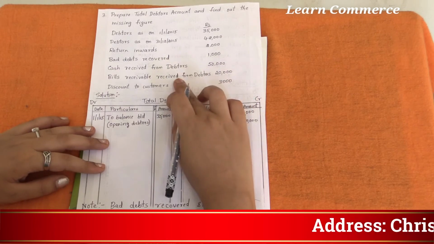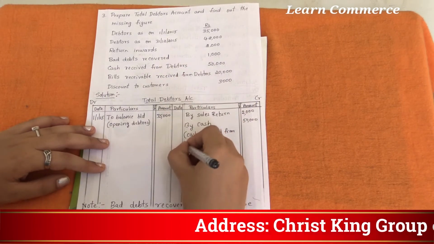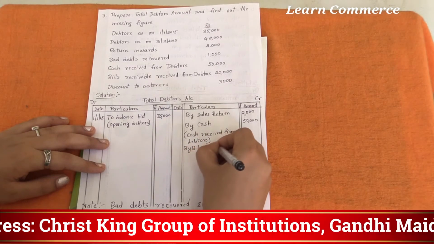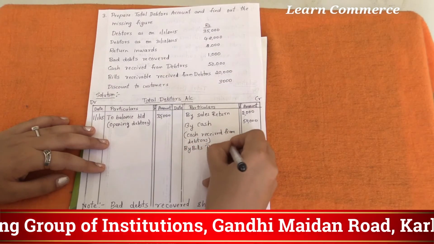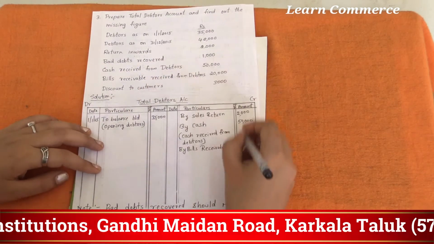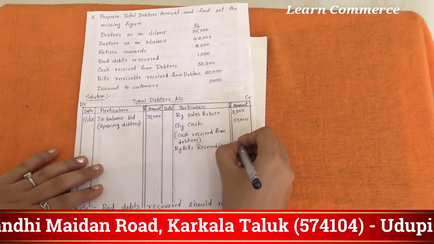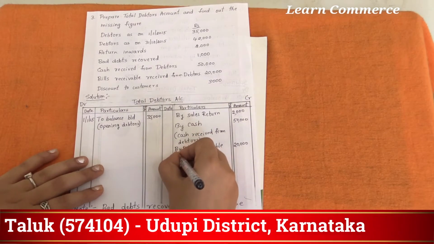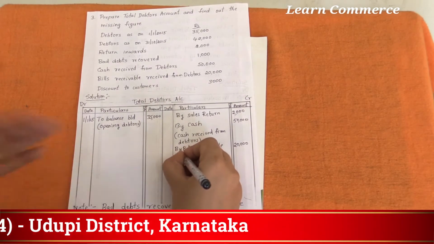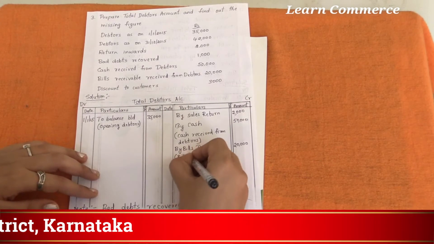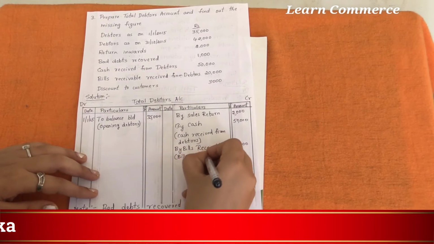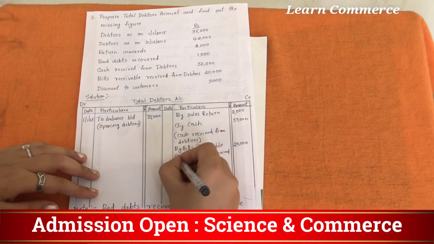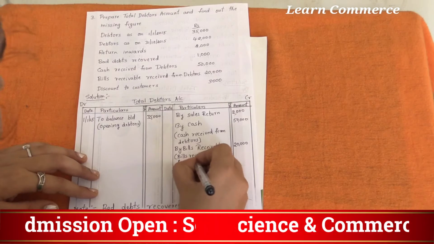This one also we should record on the credit side, by bills receivable. Amount is 20,000. Bracket, bills receivable received from debtors.